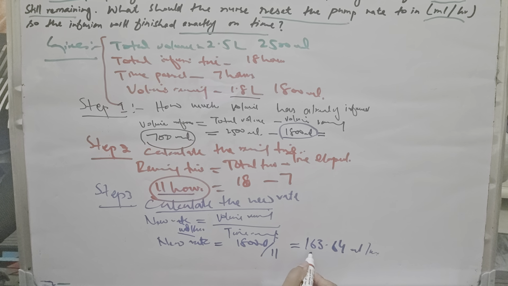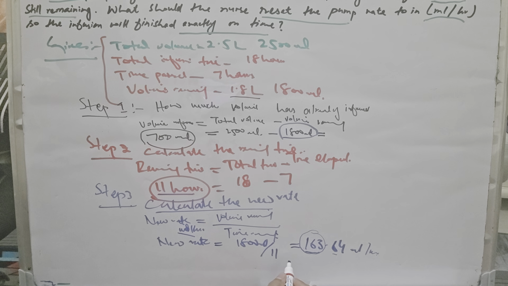Usually we round to the nearest whole number for an infusion pump. So here it is 163.6. One thing to keep in mind: if the digit after the decimal point is 5 or more, then we have to add 1; but if it's less than 5, no need to add. This is 6, which is more than 5, so we add 1 to 163.